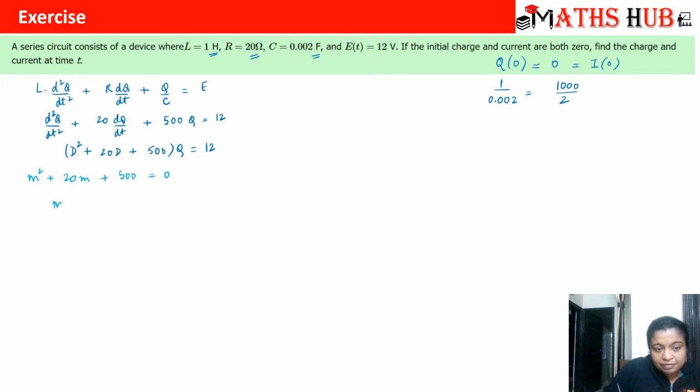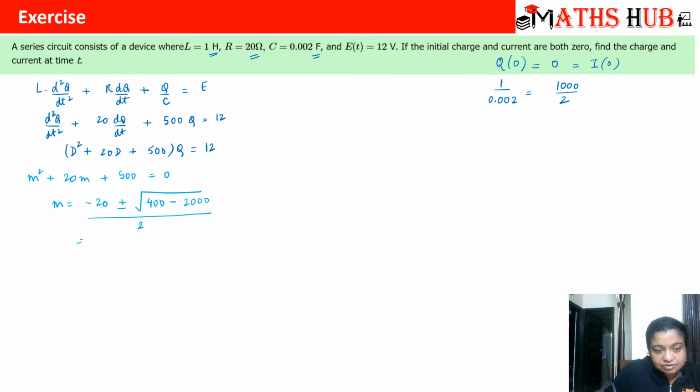So what is m? For m, you can use the quadratic formula: minus b plus minus root of b square, that is 400, minus 4ac. So 4 into 500 is 2000, right? Divided by 2a, so it is 2.